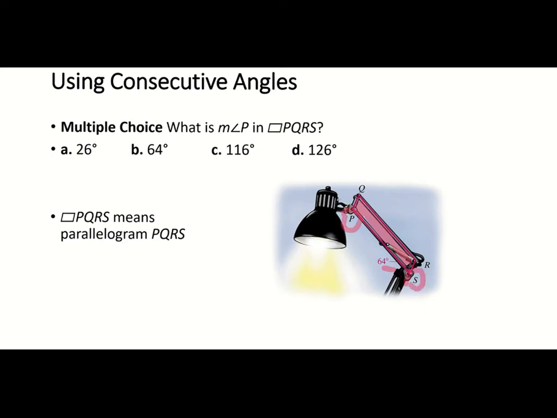And we just learned that consecutive angles are supplementary. So if I take 180 and I subtract 64, I should get angle P being a measure of 116 degrees.